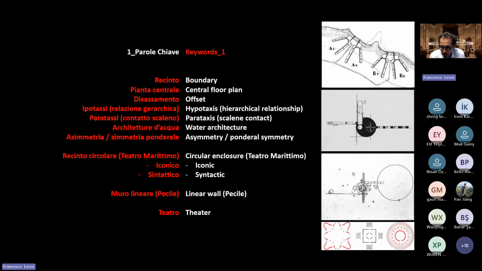We have water architecture, the use of asymmetry or ponderal symmetry, circular enclosure, something that could be conic, and something that has to do with syntactic elements, linear wall, and the concept of theater. All of those keywords that fit perfectly for Villa Adriana could fit perfectly even for contemporary architecture.